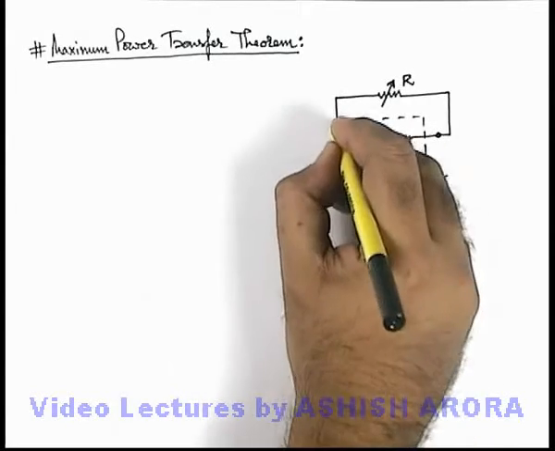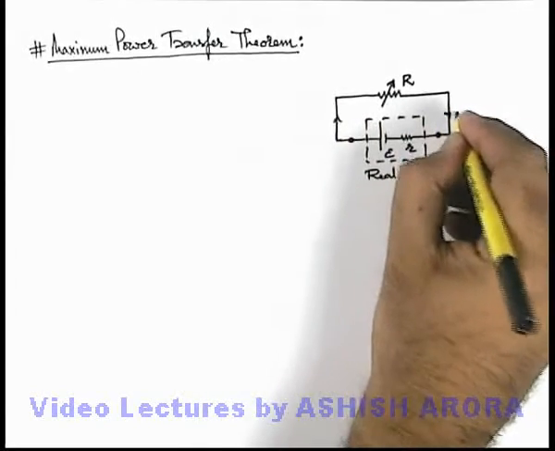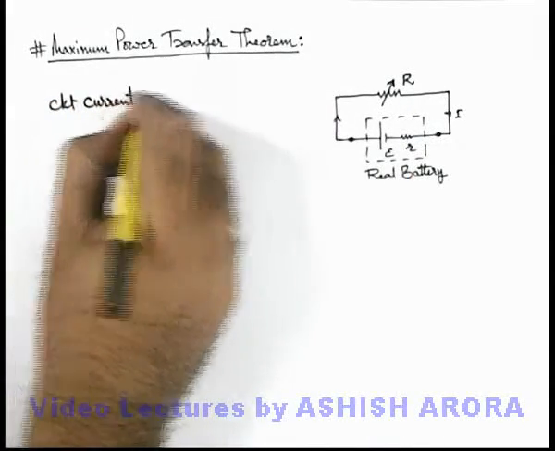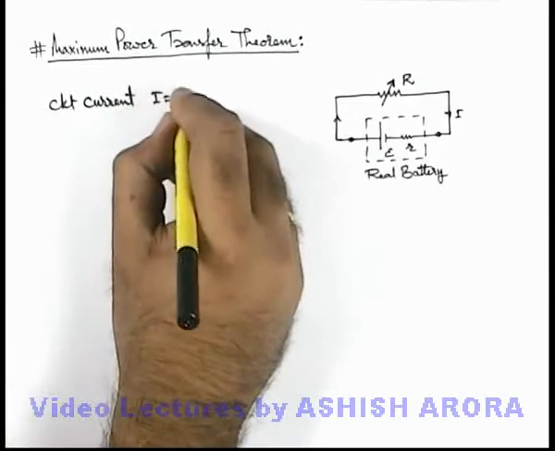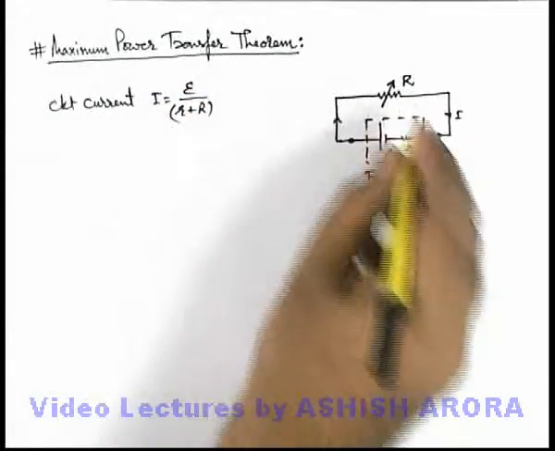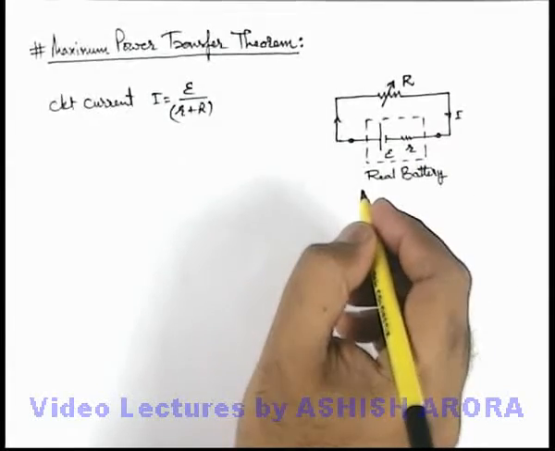Now in this situation, if we calculate the current in the circuit, then the circuit current can be written as I is equal to E by small r plus capital R, because here we can treat both of these resistances in series.